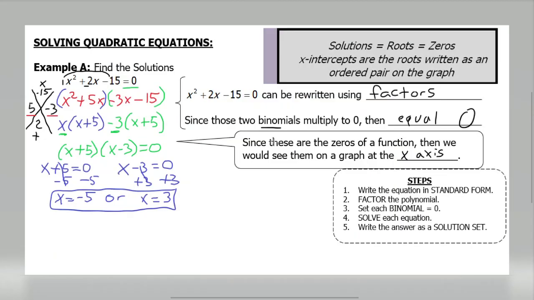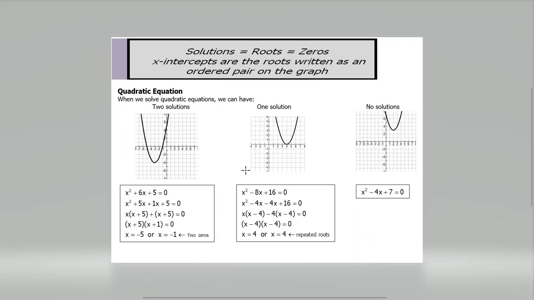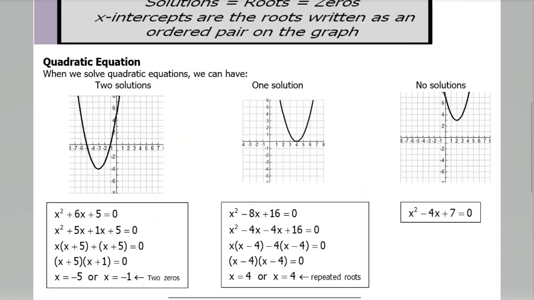All right, so let's look more at some graphs. Look at these graphs here. So if you graph something and you're looking for solutions or roots or zeros, they're the x-intercepts, right? So if you look at this one, it crosses here at negative 5 and it crosses here at negative 1. So this one has two solutions. The answers are x could be negative 5 or x could be negative 1.